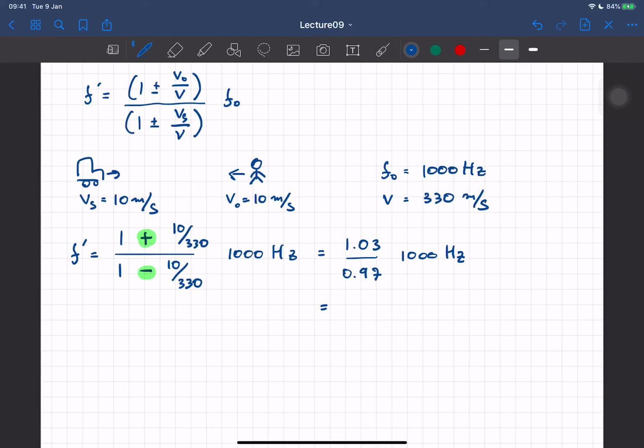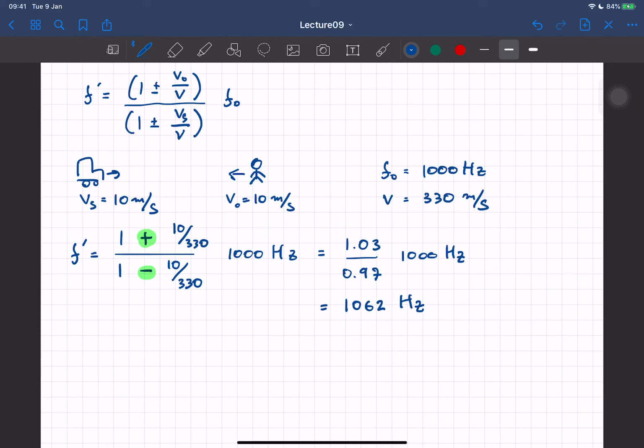And in the end, you're going to have something like 1062, roughly speaking, hertz. Okay, so that's how we use this formula.